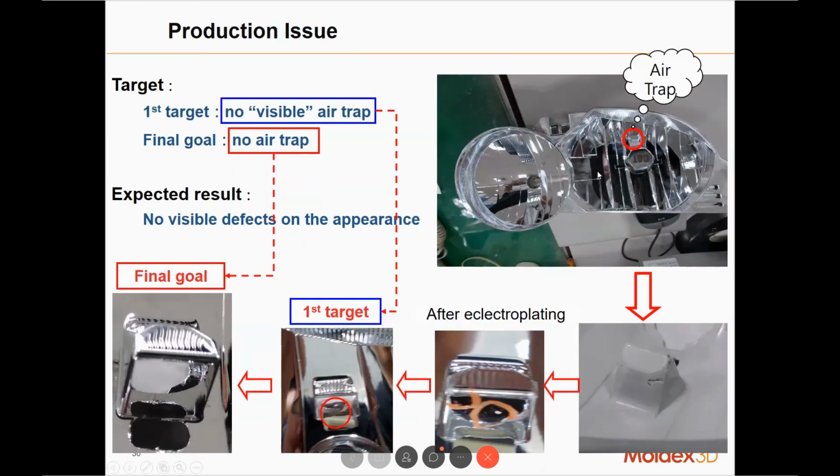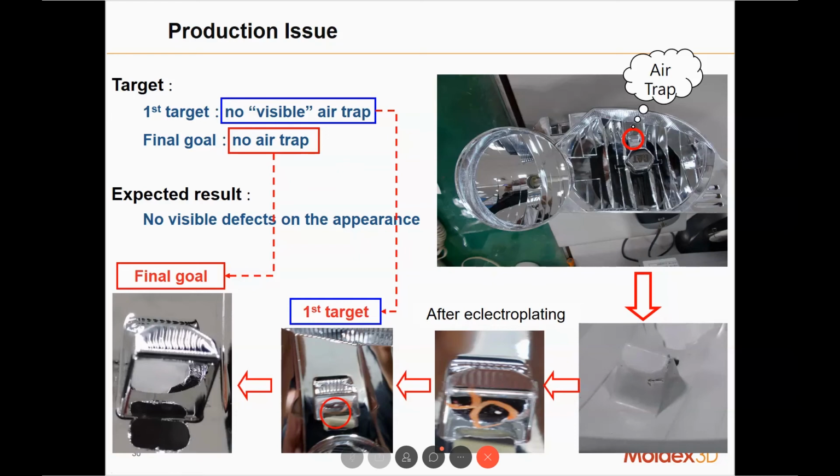Here is the region where they observed a problem: air traps. If we take a closer look, you can see there are some air traps on this surface and also on this corner and this edge. It's right on the surface.